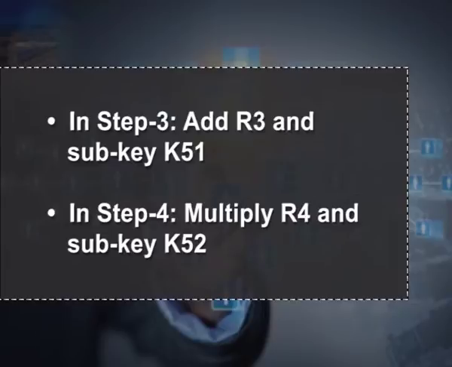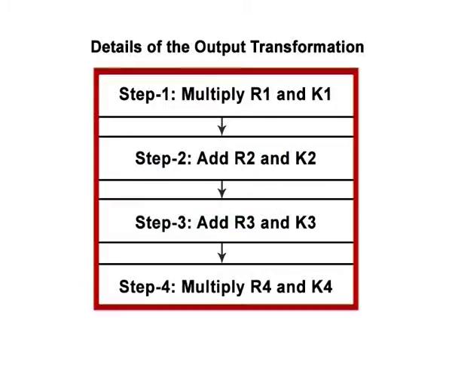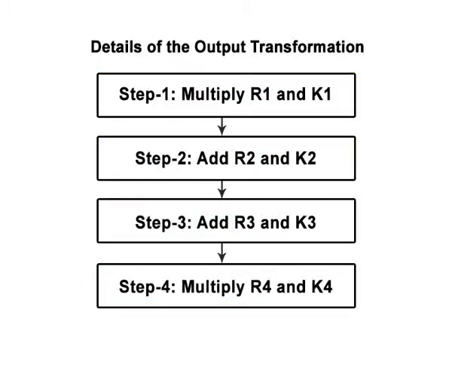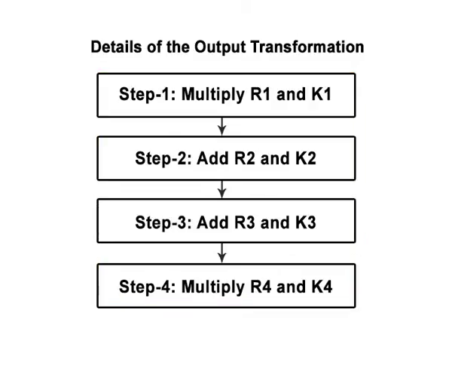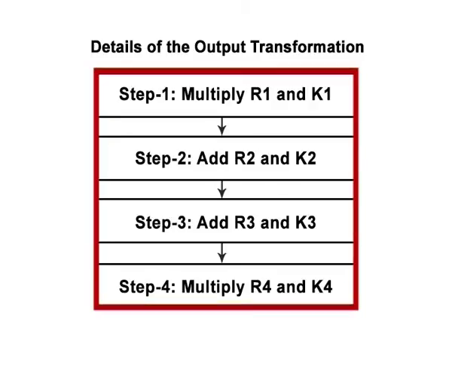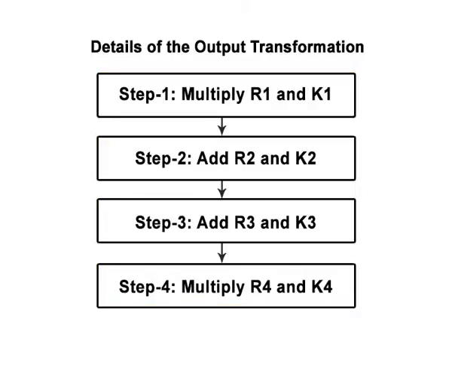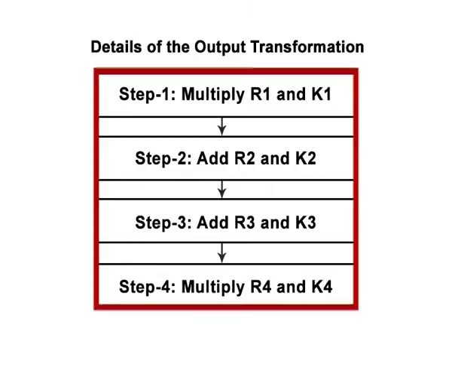In step 4, multiply R4 and subkey K52, where R1, R2, R3 and R4 are the outputs of the 8th round. As shown in the figure, a 64-bit value, which is the output of the 8th round, is divided into 4 subblocks R1 to R4, each of 16 bits, and 4 subkeys are applied here instead of 6.